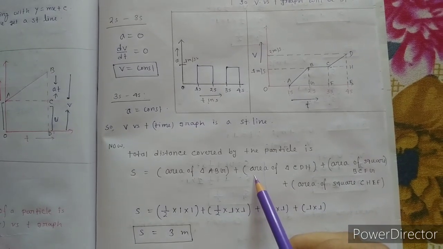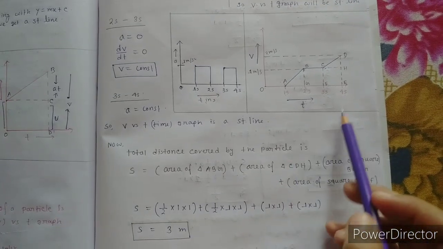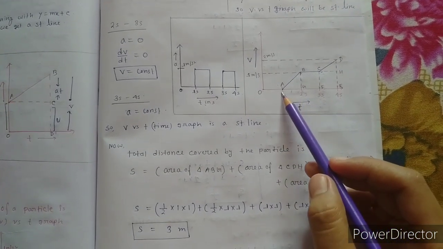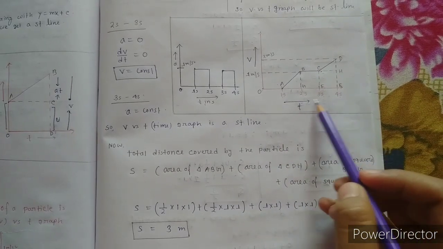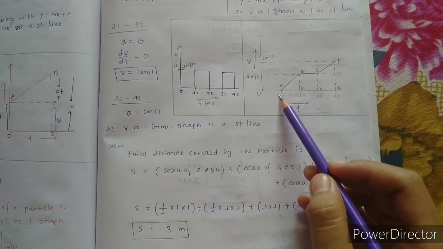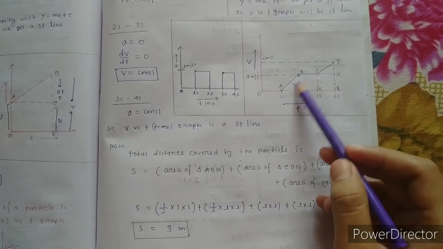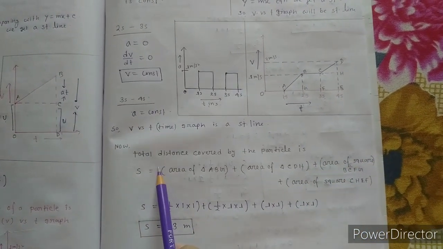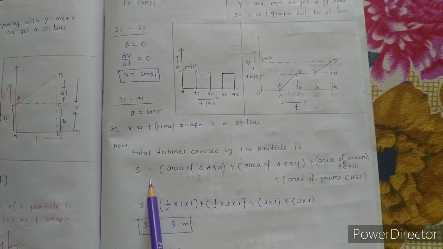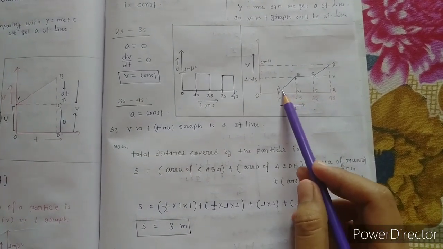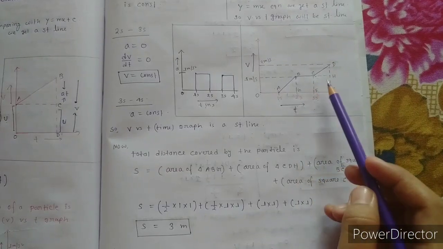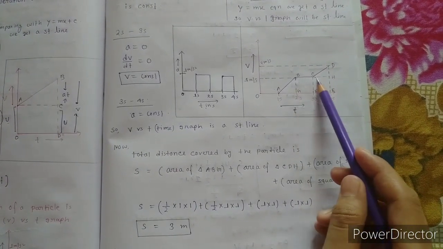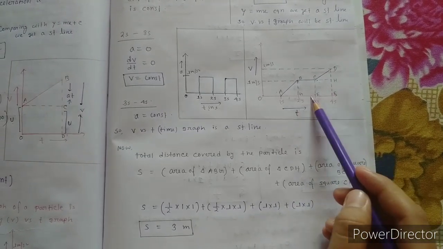Now we find the total distance covered by the particle in 4 seconds. As we proved earlier, the total distance covered by the particle in 4 seconds equals the area covered by the v versus t graph and the time axis. So the total distance covered by the particle equals the area of the triangle ABG plus the area of the triangle CDH and the area of the squares BCFG and CHEF.